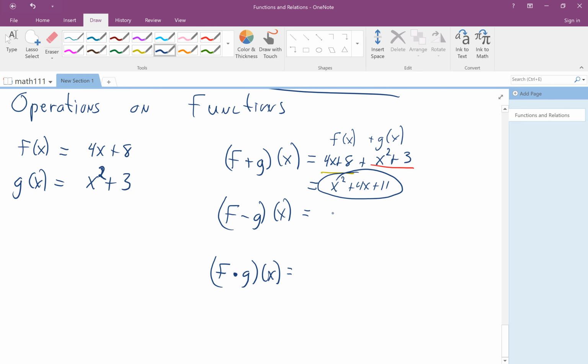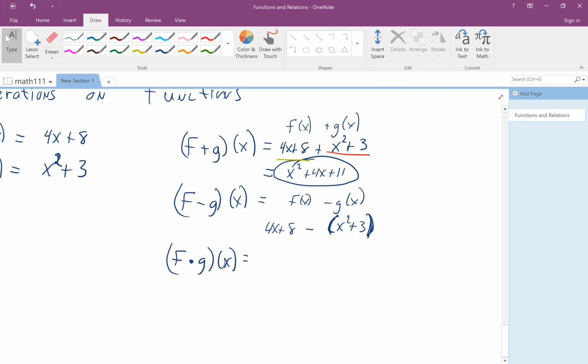F minus g. I'm going to subtract them this time. F minus g. All right, so I'm going to go F, 4x plus 8, minus g, x squared plus 3. Notice I put parentheses around that because I need to subtract not only the x squared but also the 3.